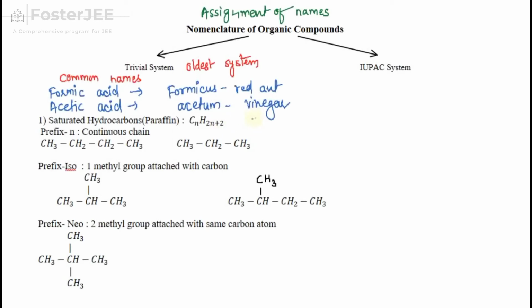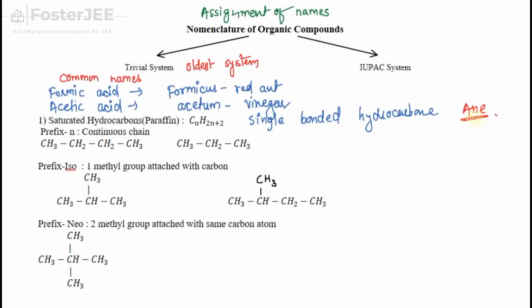These are single bonded hydrocarbons. And the suffix used for paraffins is ane. So the names of the compounds are methane, ethane, propane and so on.